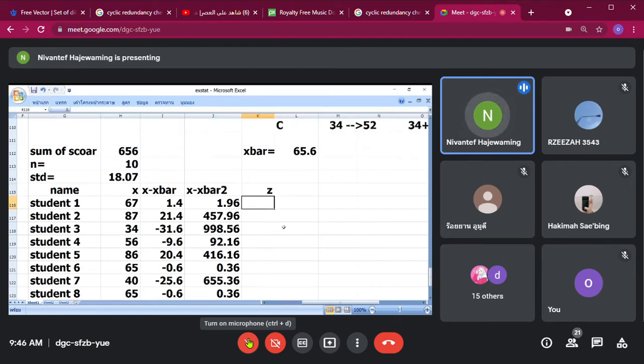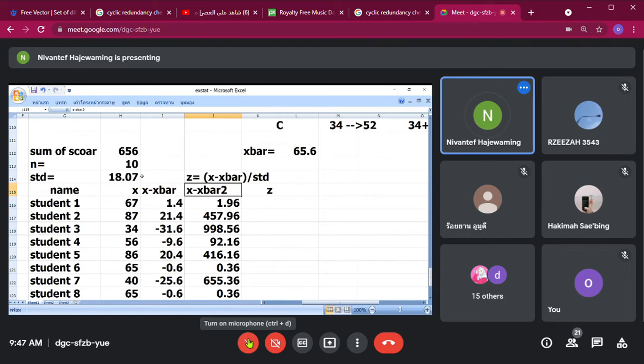Z score equals X minus X bar, right? And divide by STD.